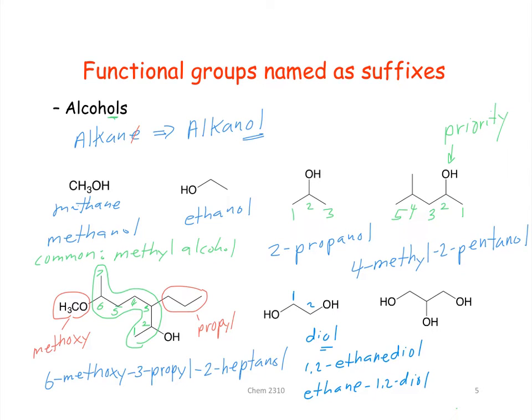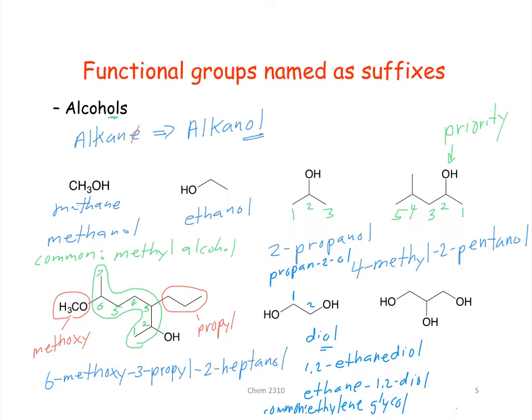In fact, we could do that up here. We could call this propane-2-ol. Okay? Alright, so 1,2-ethane diol is also a compound that's called ethylene glycol. Okay, this is a common name. Maybe you've heard of that before.